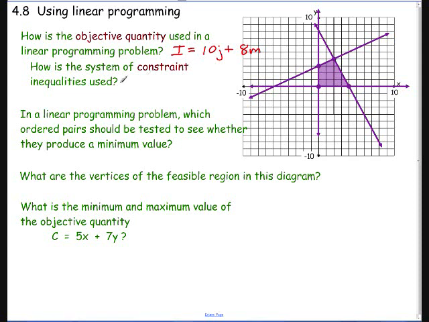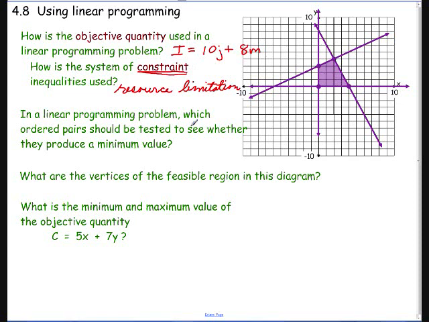How is the system of constraint inequalities used? Well, that's actually how we put together our boundary lines and figure out which side of the boundary line is our solution space. Whatever resources are limited, those are the ones we're going to put in as constraints.